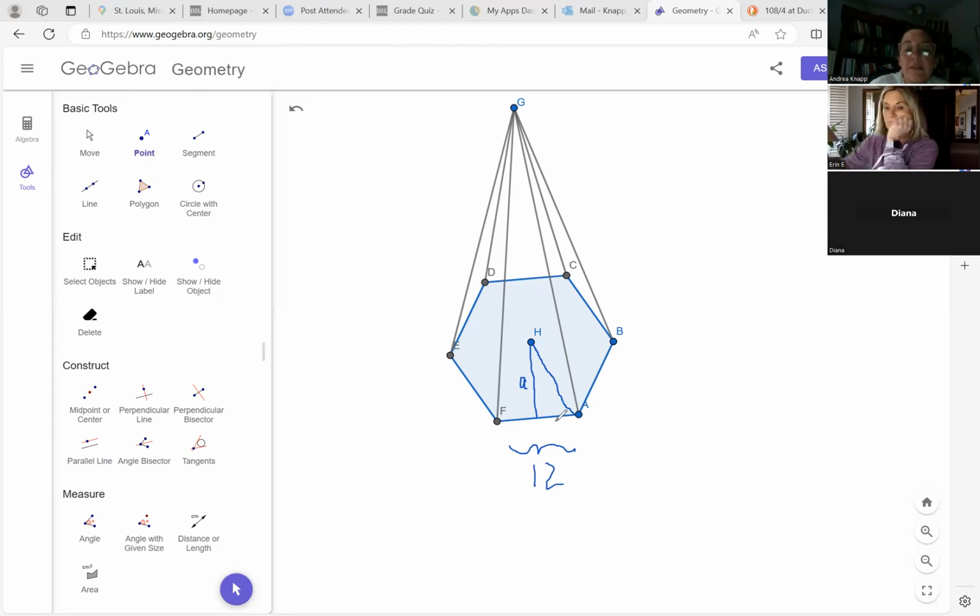Therefore, the base of this little guy here is 6. And we know this is 12. So using the Pythagorean theorem, that gave us our apothem. And then once we had that apothem, we could do this side view triangle. There's the apothem.